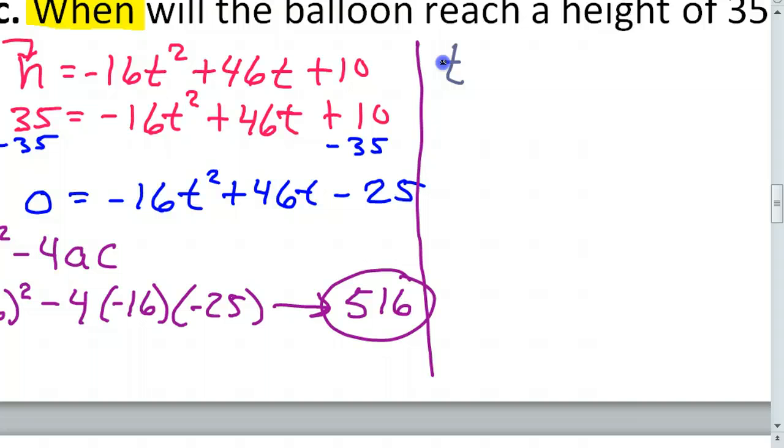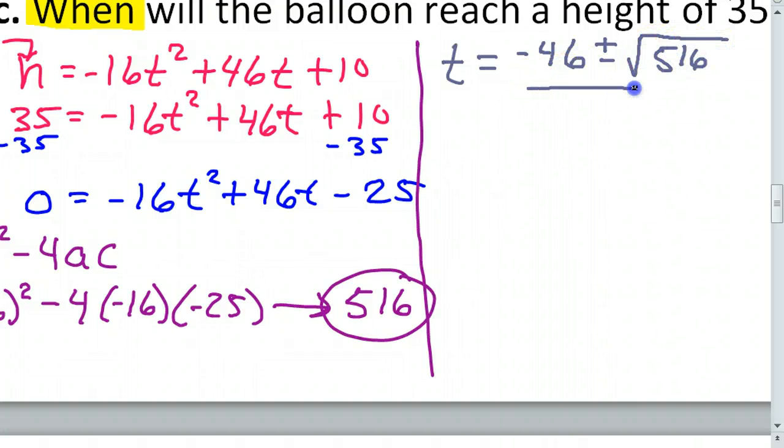Normally we say x equals, but we're going to say t equals the opposite of b. So that's negative 46 plus or minus the square root of 516, all over 2a. So that's all over 2 times negative 16, which is negative 32.